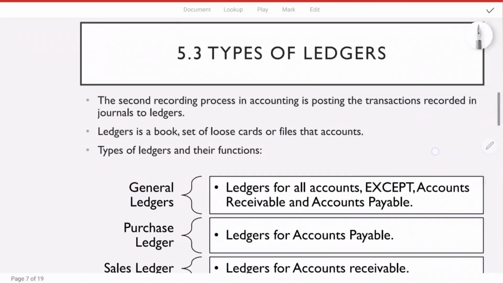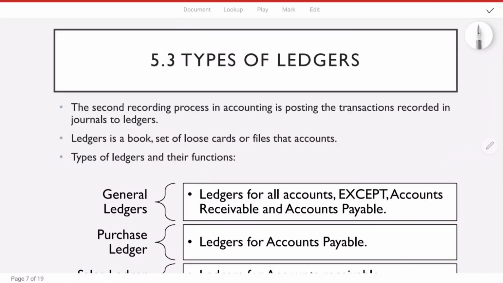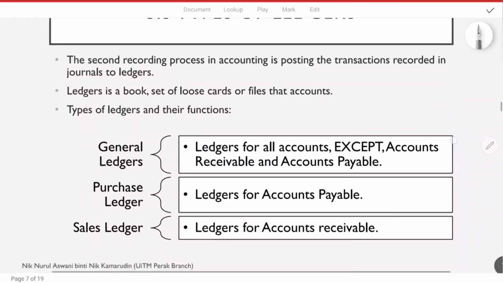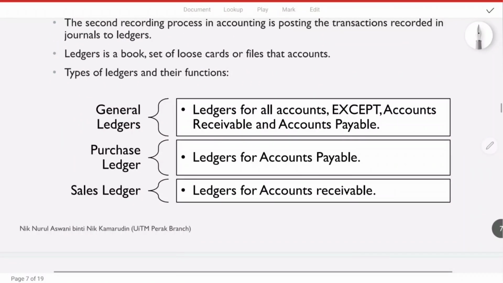Next, we are going to look at the types of ledger. The second recording process in accounting is posting the transactions recorded in the journal to the ledger. A ledger is a book, set of loose cards, or files of accounts. There are 3 types of ledger: general ledger, purchase ledger, and sales ledger.